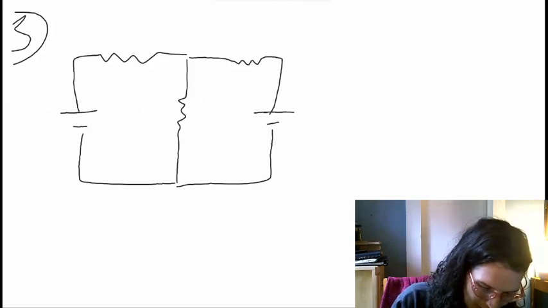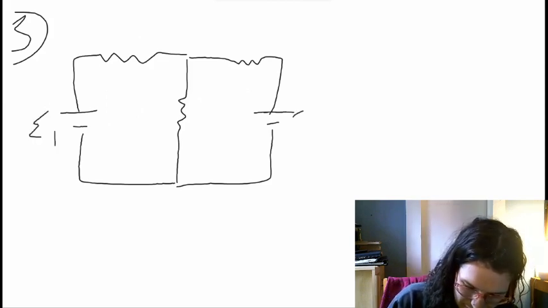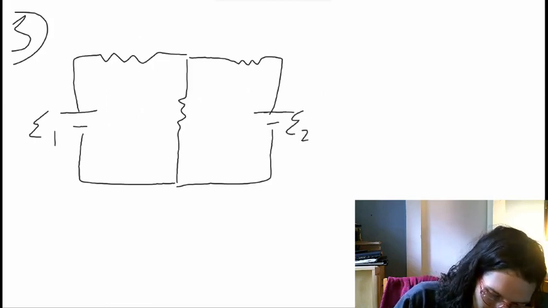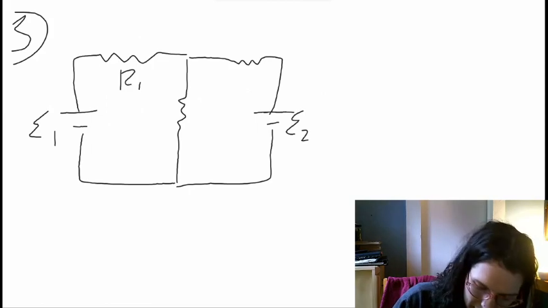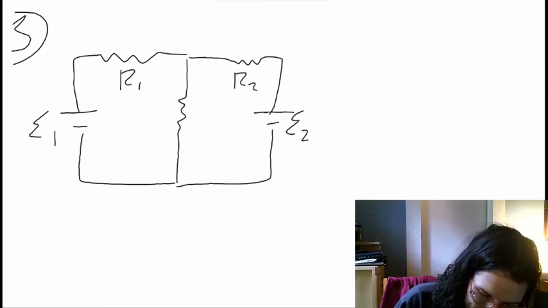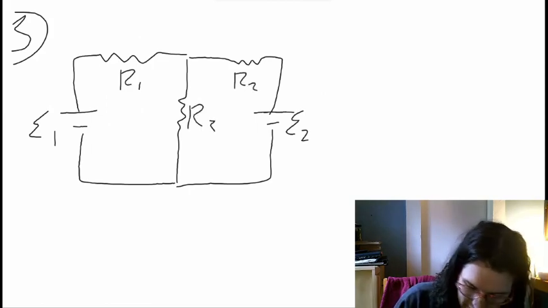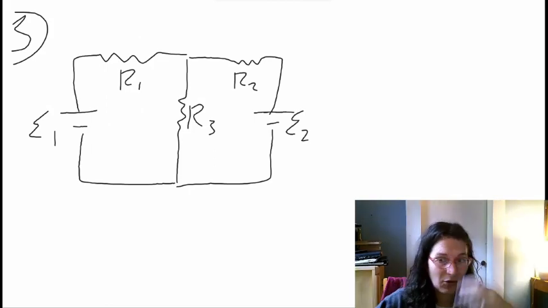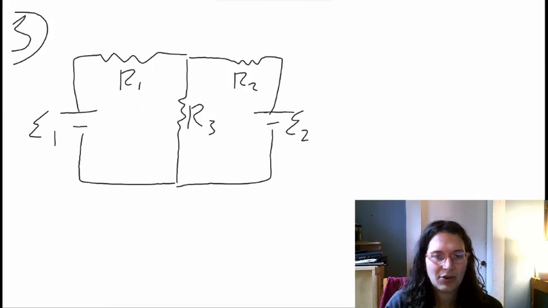So this one is epsilon1, this one is epsilon2, and we have R1, R2, R3. And ordinarily from here, we could proceed using our loop rule to generate a series of equations just by doing loops around this problem.